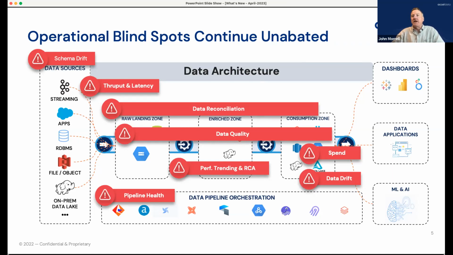And then there's also things around what's called data drift, which is another form of data reliability, and the fact that sometimes your data, whether it's from errors or for real reasons, may drift out of a particular bounds that you're looking for. And you need to be able to detect that and understand why that's happening. And then the last thing, and we're going to talk a lot about this today, is spend.